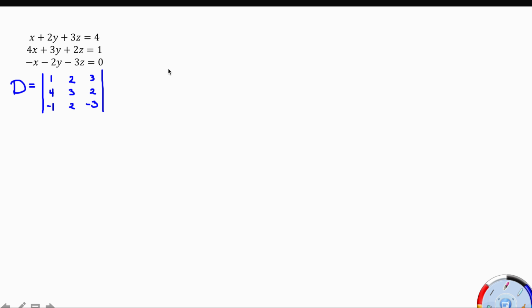So I'm going to write that matrix, or not the matrix, the values in the matrix over here. And add the first 2 columns again. Okay, 1, 4, negative 1, 2, 3, 2. Oh, just double checking, and I'm glad that I did. Okay, 3, 2, negative 3. So 1, 4, negative 1, 2, 3, negative 2, 3, 2, negative 3, and then the first two columns again. Okay.